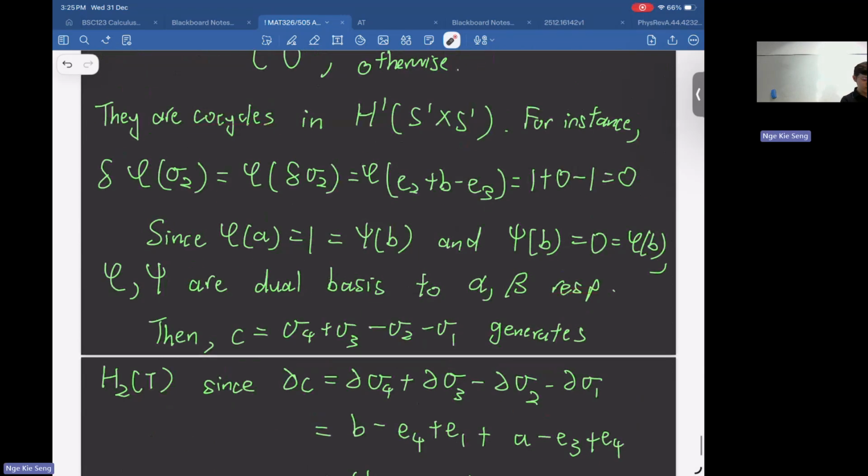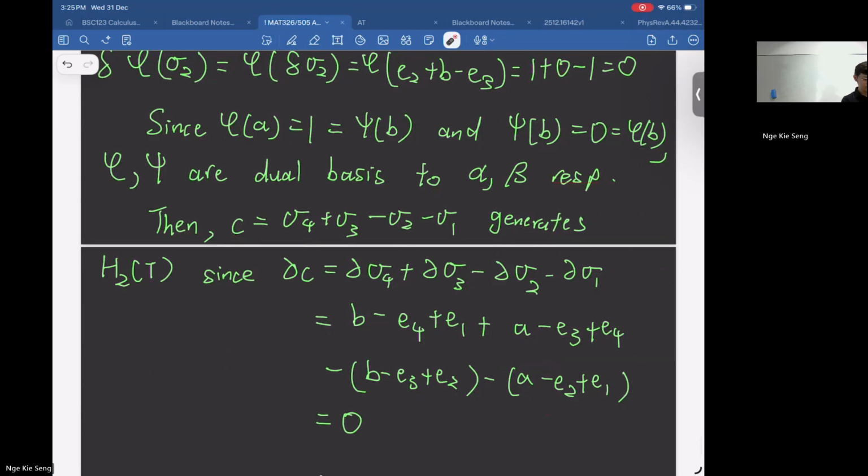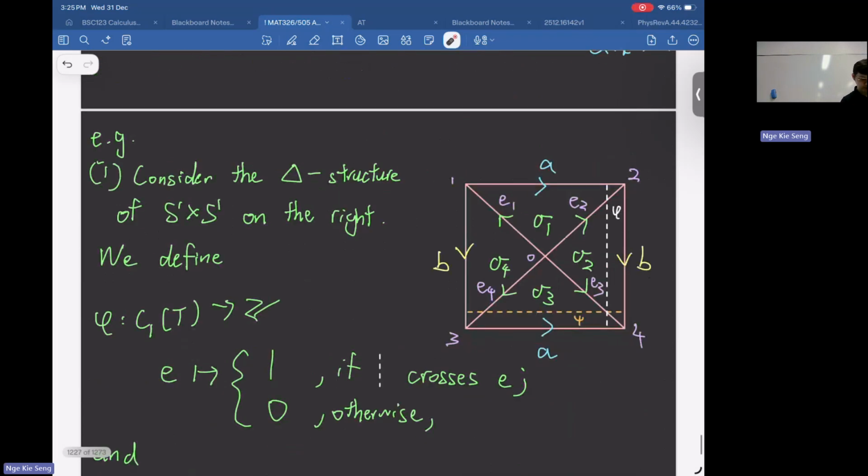Okay. And then what else we need to know? Did you realize that our two cycle actually is these faces, sigma 4 plus sigma 3 minus sigma 1 minus sigma 2. So maybe have a look here.